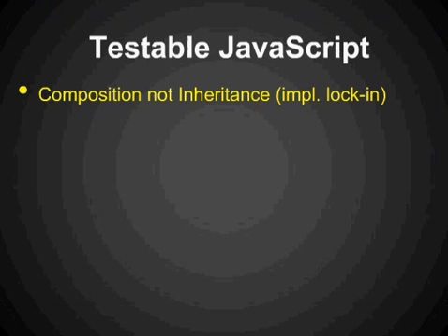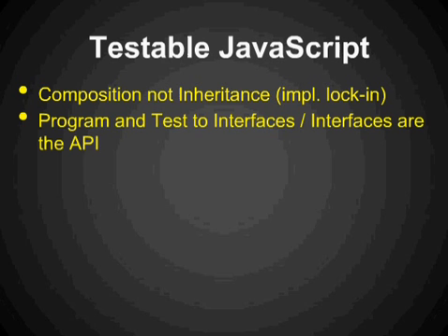Okay, so to wrap all of this up, sorry I ran a little bit long. Testable JavaScript is really about composition, not inheritance. As we saw using the mix-in pattern and the decorator pattern, composition doesn't lock us into a specific implementation.